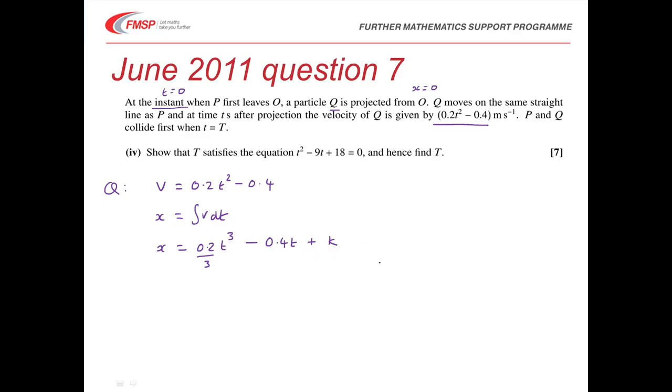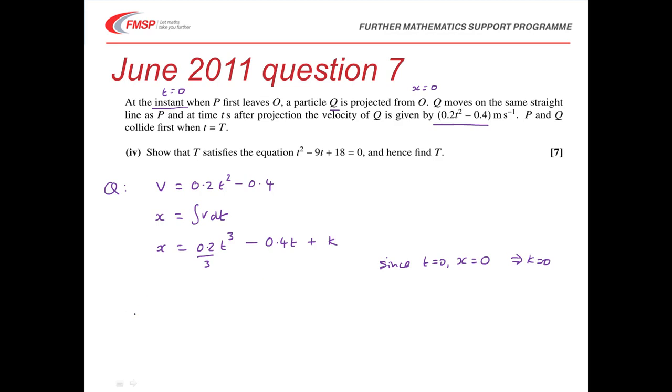However, we do know that at time equals 0, the distance from the origin is 0. Because like p, it was projected at the same time. So looking at our equation, when t equals 0, x equals 0, so therefore k must be 0.